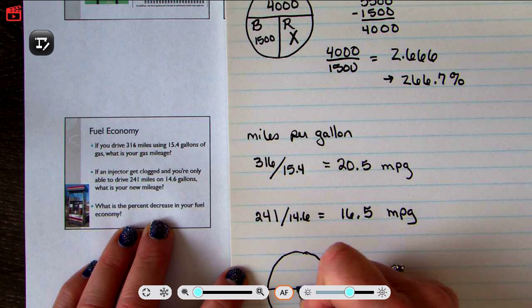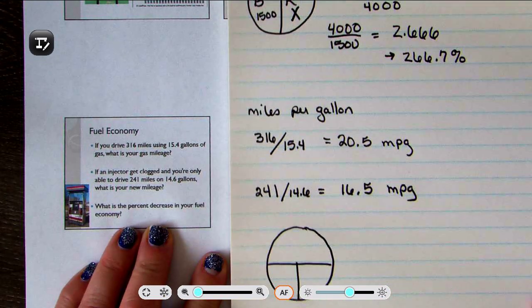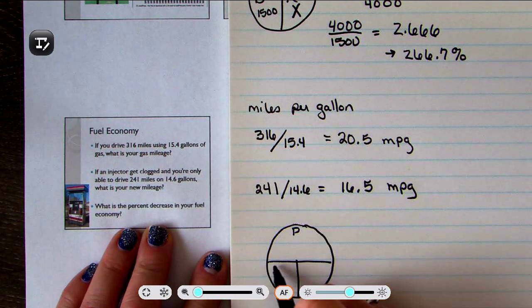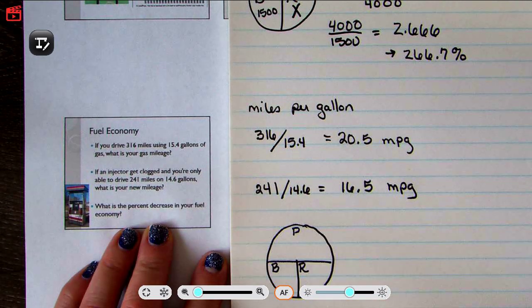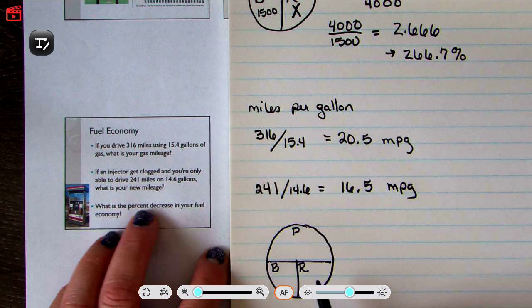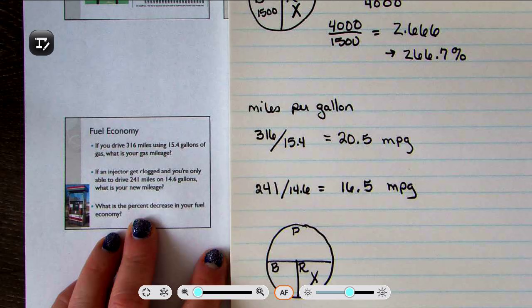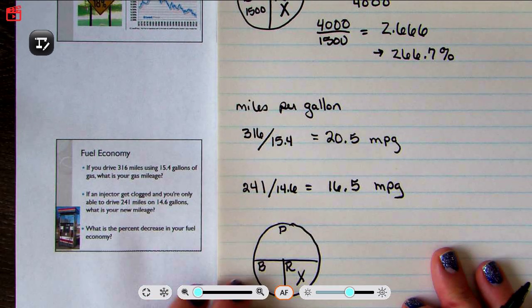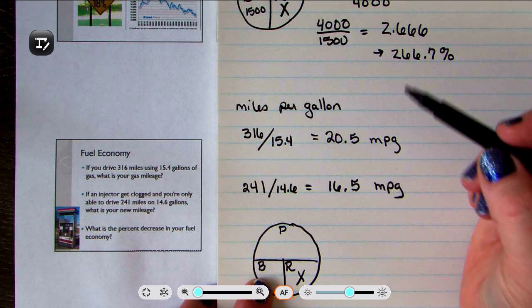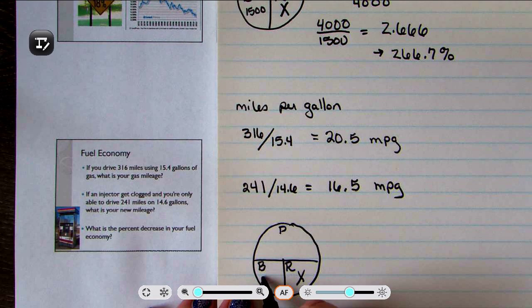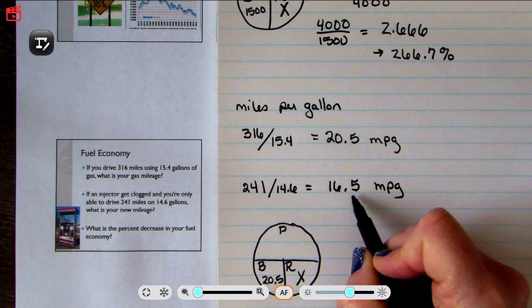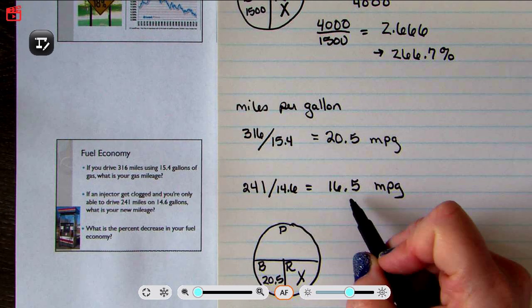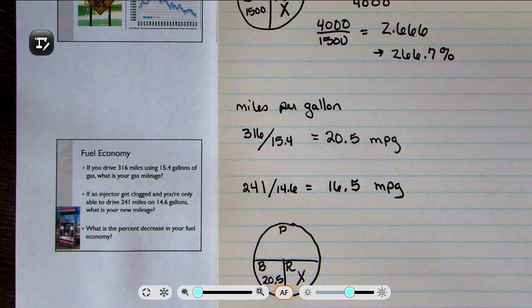Okay, so again we're talking about a percentage problem, so we have our PBR circle and we're looking for the percent, so I'm going to put a big old X there to help me remind me what piece I'm looking for. Now the base is what we started with, so we started with the 20.5 and we dropped to the 16.5 when we got that clogged injector.